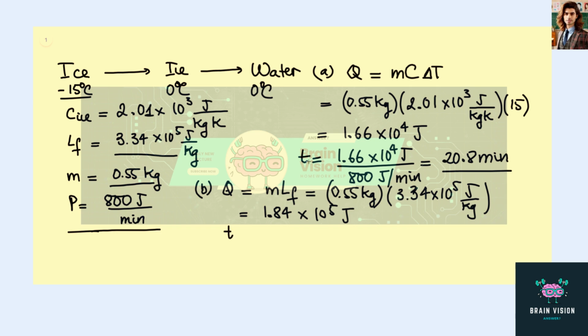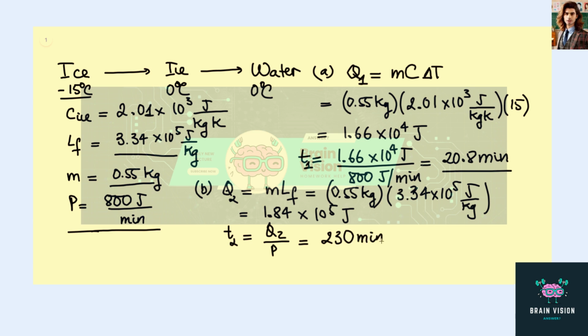Let me call this time T1 and this T2, and this Q1 and this Q2. As before, we simply take the amount of energy divided by the power to get the time, so it's going to be Q2 divided by P. And if you plug in numbers, you will get 230 minutes.